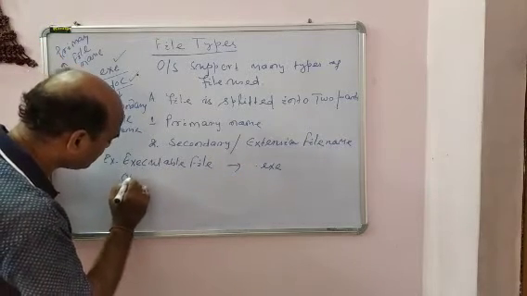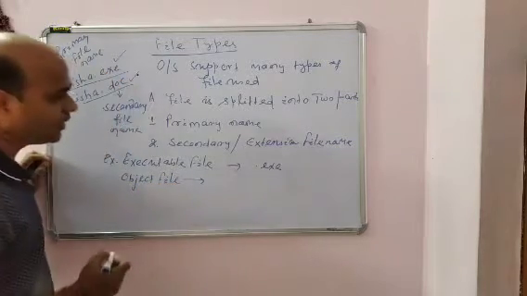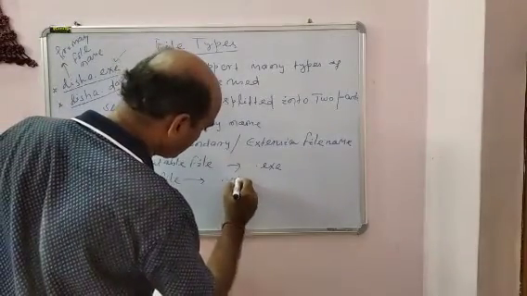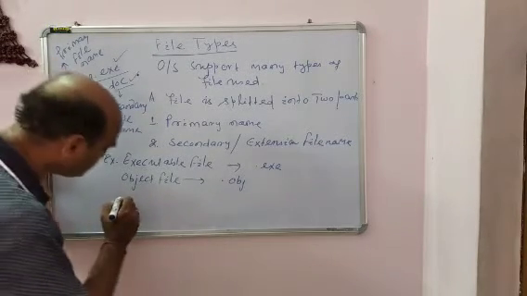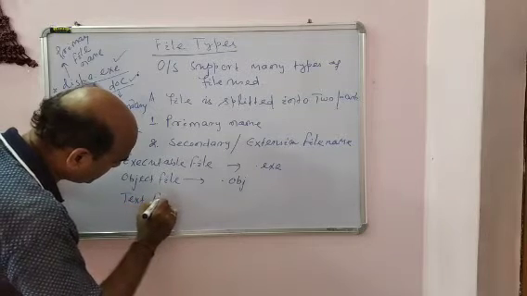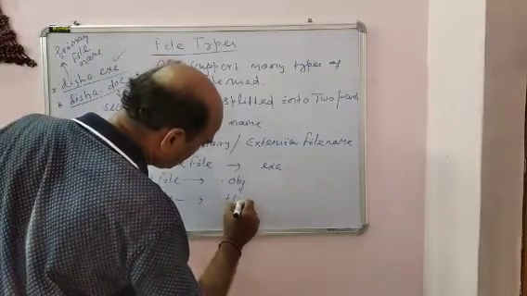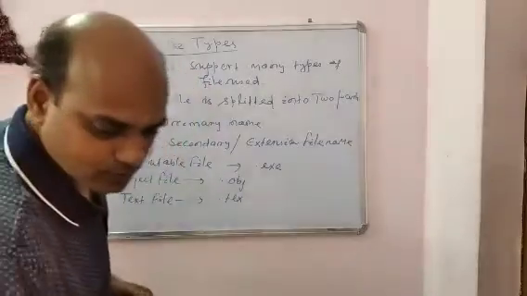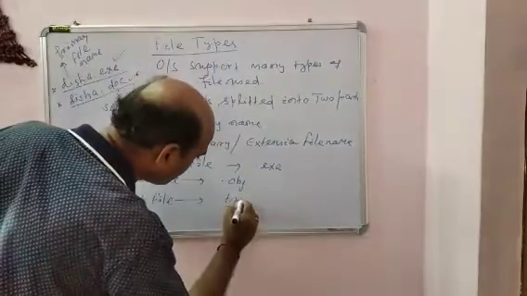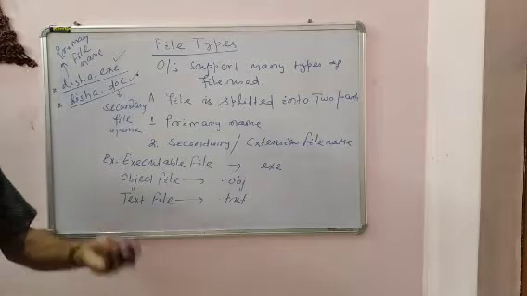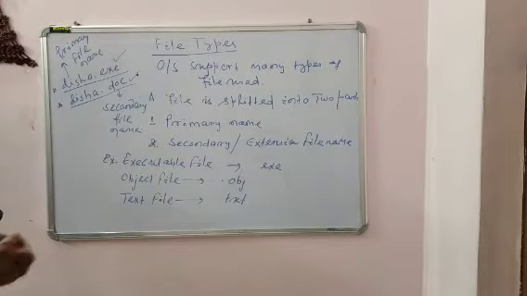Similarly, an object file has the extension .obj. A text file has the extension .txt. A source file has .c or .cpp or .java.